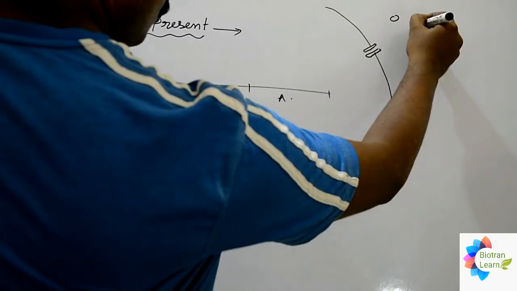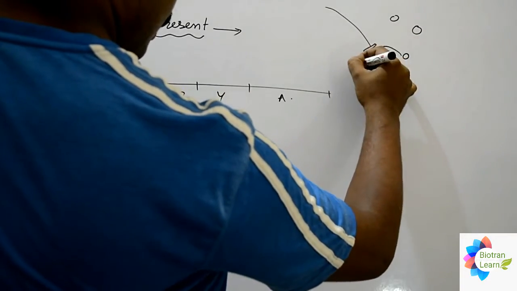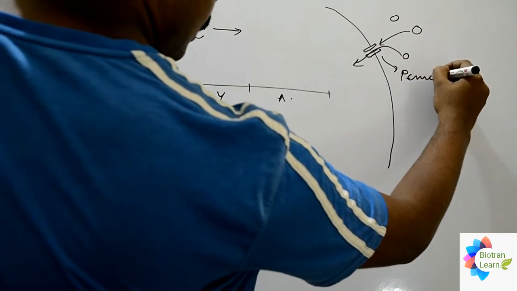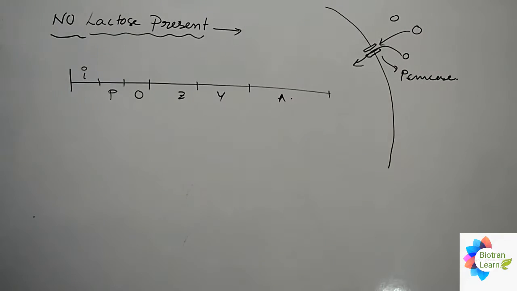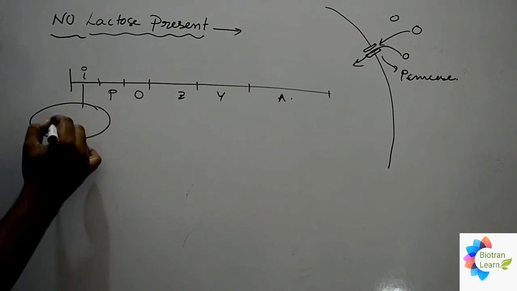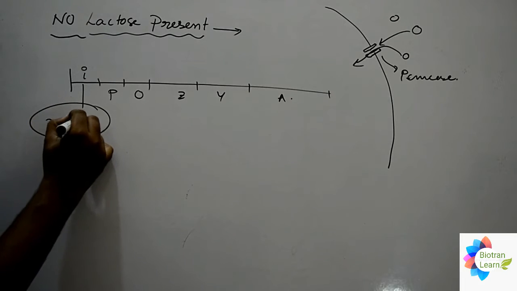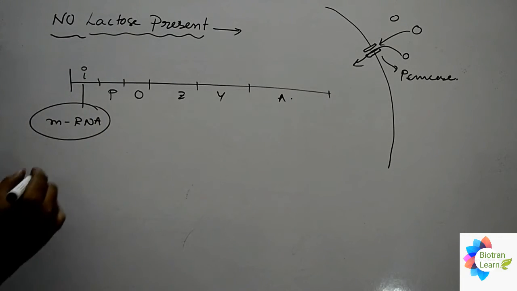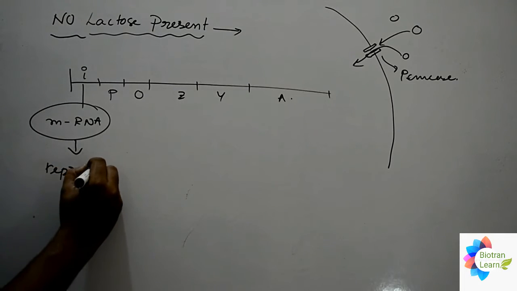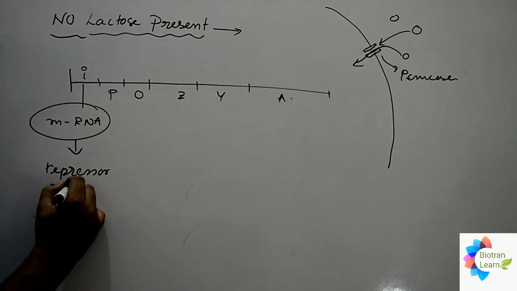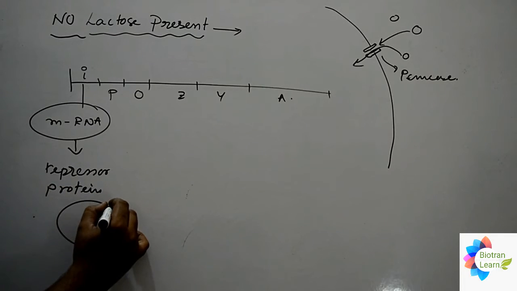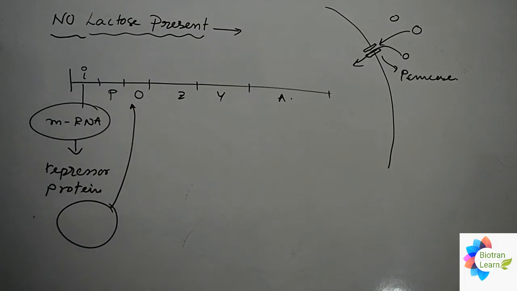So lactose will be coming in via this permease, right? I have told you that this gene will have an mRNA which will produce a repressor protein, and that repressor protein will sit on this position.